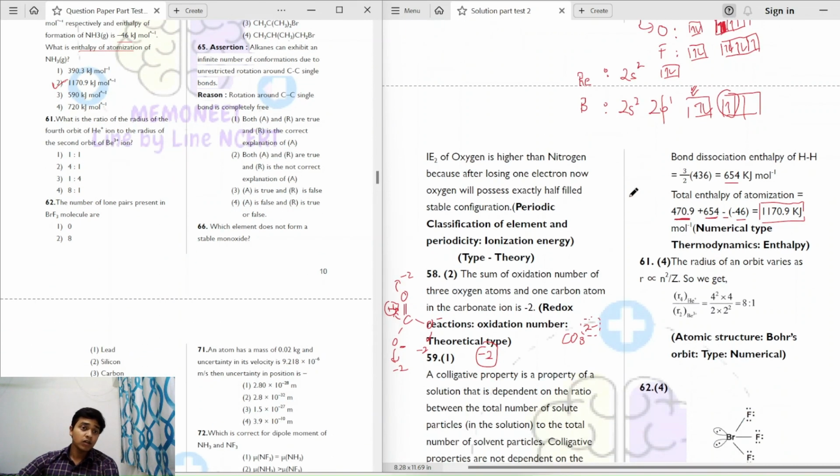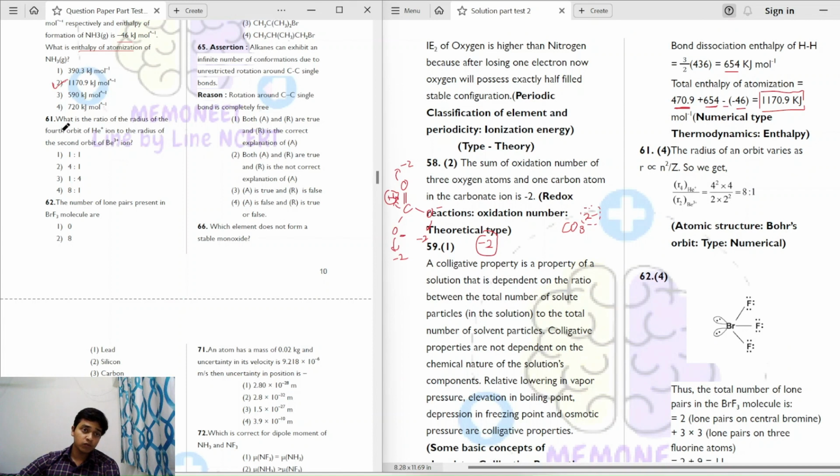The question says, what is the ratio of the radius of the fourth orbit of He+ ion to the radius of the second orbit of the Be3+ ion? Okay, so we need to know that the radius is directly proportional to n square by z, right?